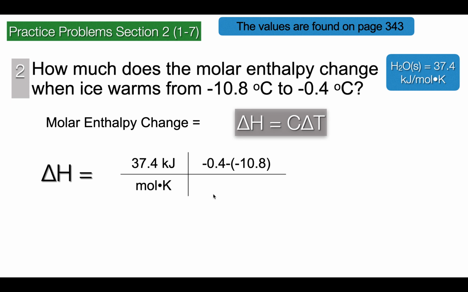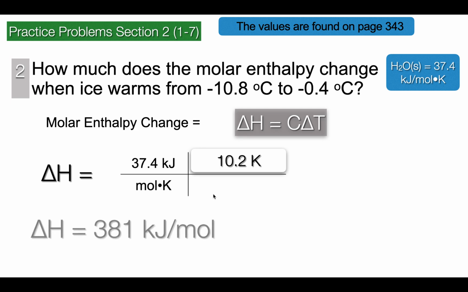Put in your numbers, specific heat, and then delta T, and our negative 0.4 minus negative 10.8 gives us 10.2, comes out to 381 kilojoules per mole.